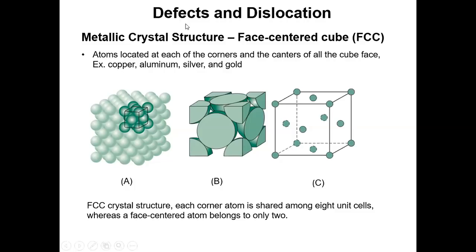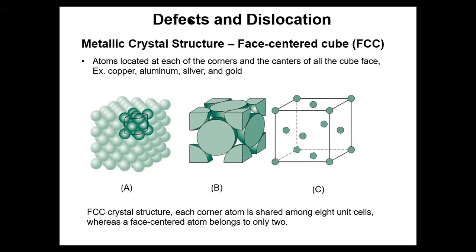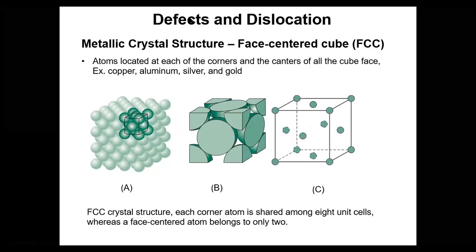Okay, let's see. Think about this corner atom. To complete it, you have to put one unit cell on this side, in this direction, and another unit cell in this direction.